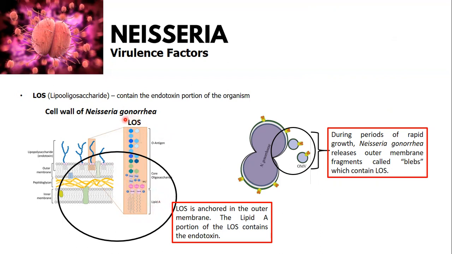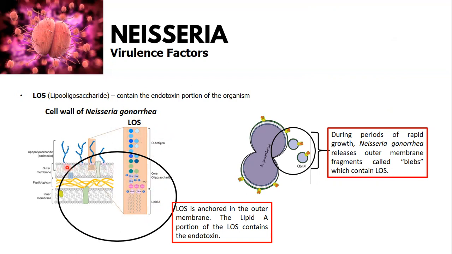So take note that the LOS of Neisseria gonorrhoeae and Neisseria meningitidis is anchored in the outer membrane, and the lipid A layer of the LOS is found beneath the outer membrane.